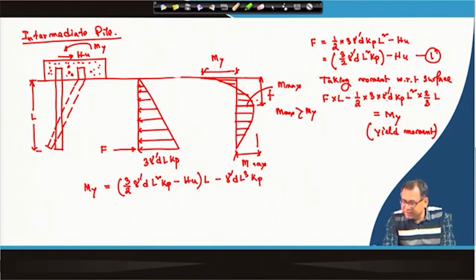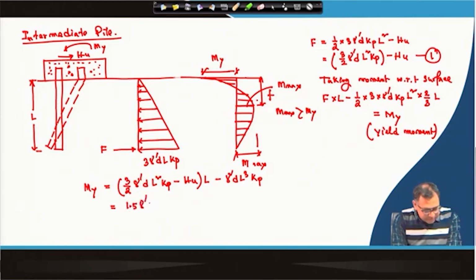So, this will be equal to 1.5 gamma dash d L cube K p minus H u L minus gamma dash d L cube K p.